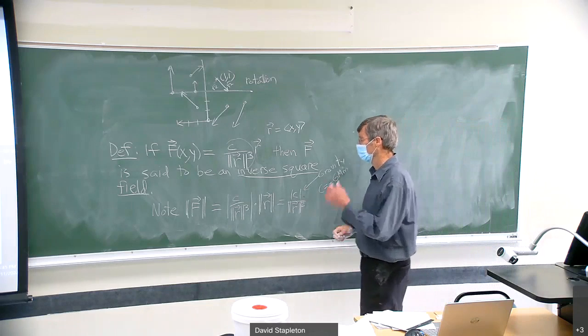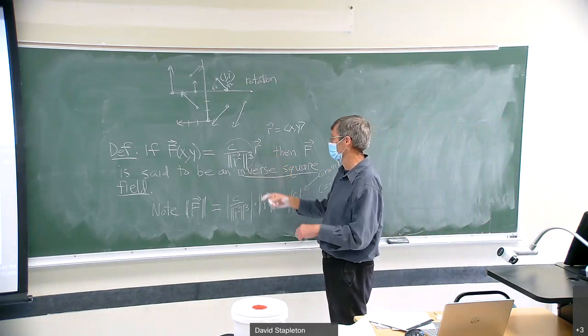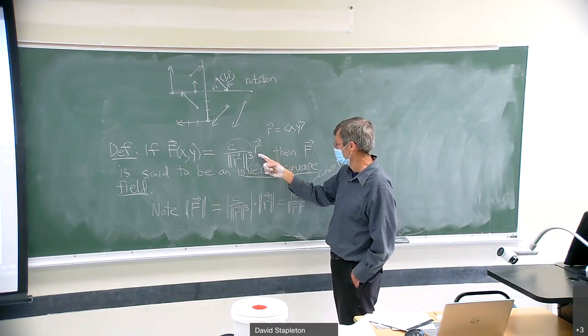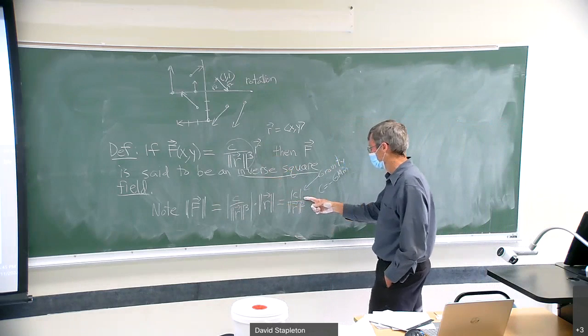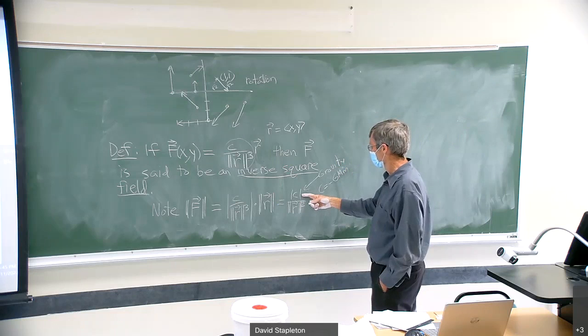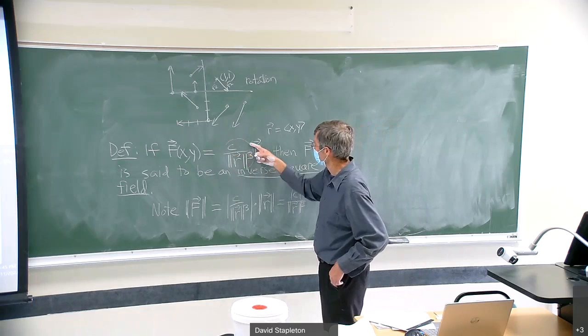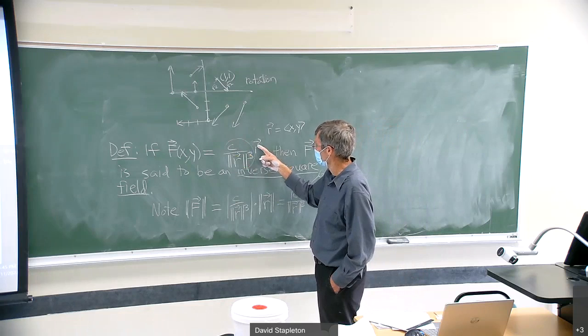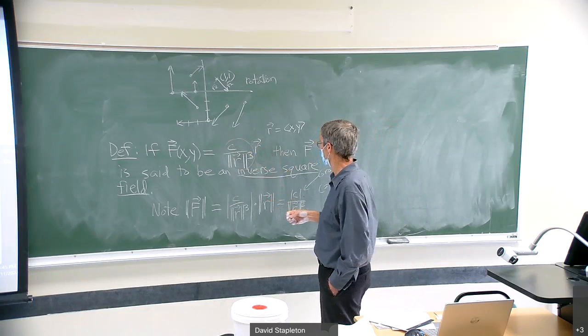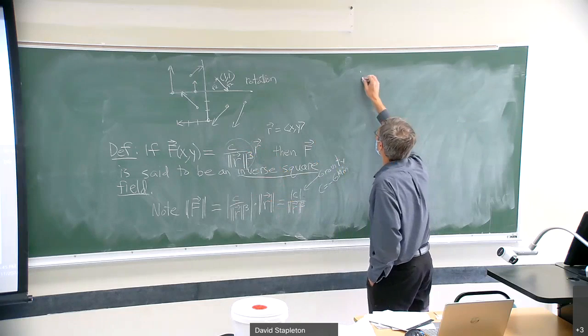The object is to recognize, oh, that's a central force. Again, going back to that first example, since this is just a number times r, its direction is towards or away from the origin according to whether c is positive or negative.